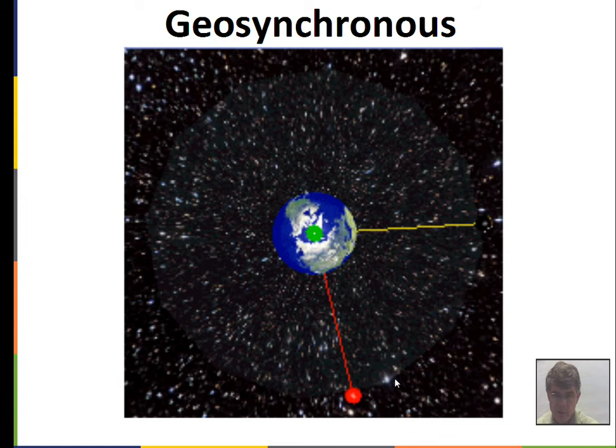Many countries take advantage of this for putting up communication satellites. So geosynchronous orbit, there's one orbital period of 24 hours. The satellite stays in place for a long time.